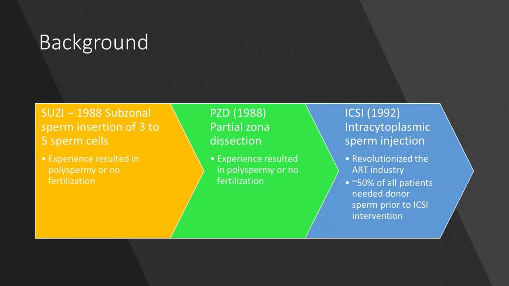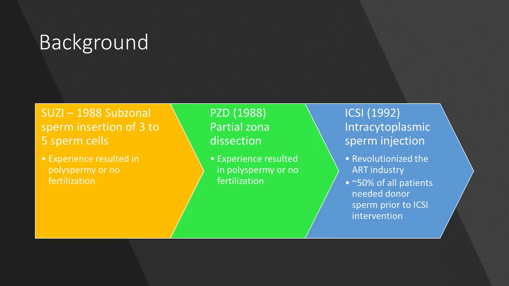During the same time, experiments were being done with cutting a hole or a slit in the zona with a sharp needle and allowing sperm to penetrate the zona through this hole. Unfortunately, this resulted in the same outcome as SUZI, with low or no fertilization and polyspermy.